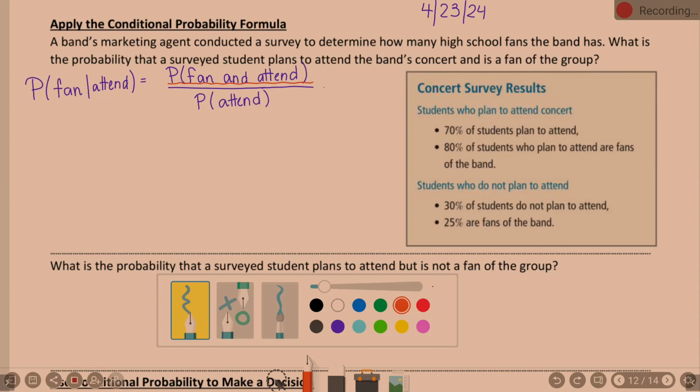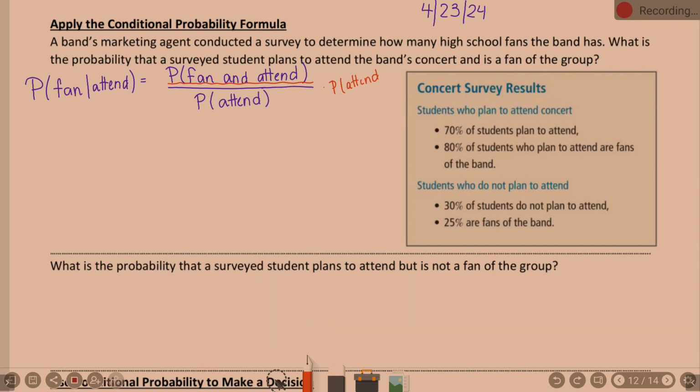I could even write in a little bit of work here. If I multiply this side, and we multiply this side, the idea is that the probability to attend cancels out here. Just basic math. I'm going to flip my sides.